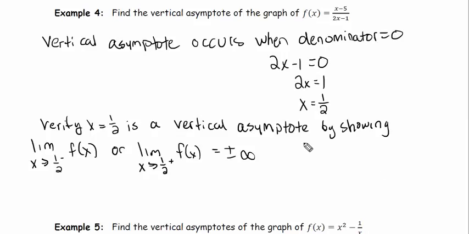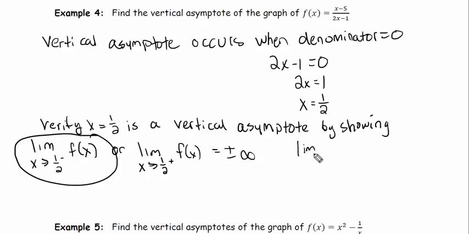It doesn't matter which of the limits you show, and it doesn't matter whether it equals infinity or negative infinity, just that one of them equals this. Alright, so here we go. Let's just show this one right here.